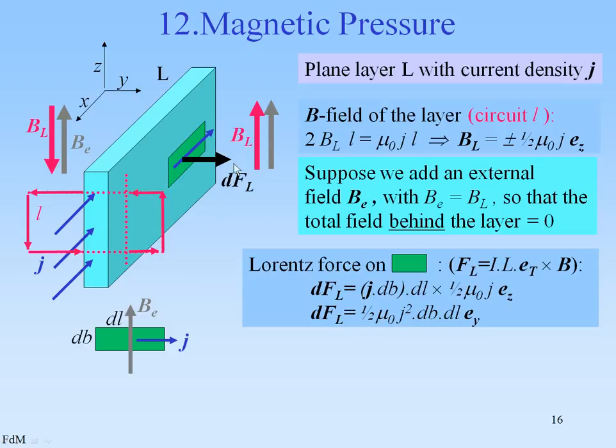The dF is in the y direction, because the J is in this direction and the B is in the z direction.